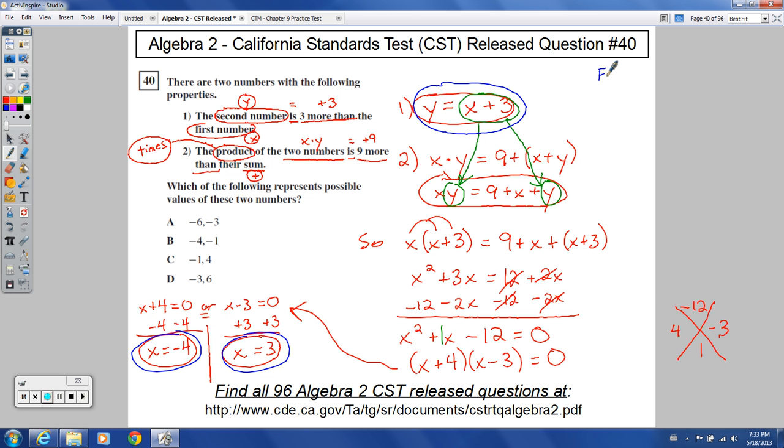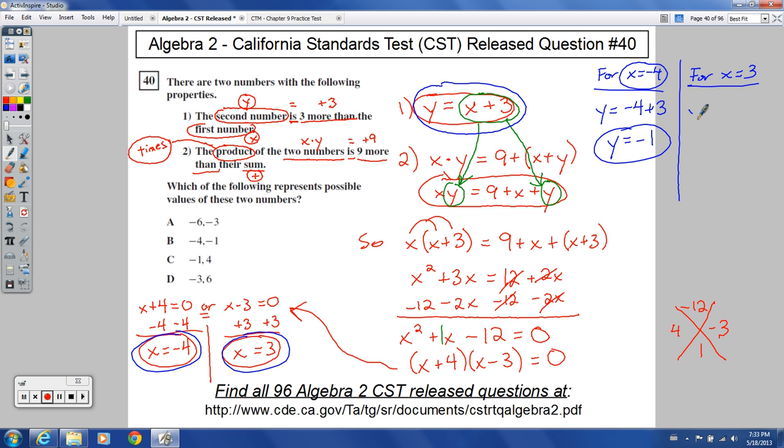So for x equals negative 4, I'll put that right here, and for x equals 3, I'll put that over here. If I plug in negative 4 into this equation, I would have y equals negative 4 plus 3, meaning that y would equal negative 1. And so for x equals negative 4, y would have to be equal to negative 1. If I plug in 3 for x, y would have to be 6.